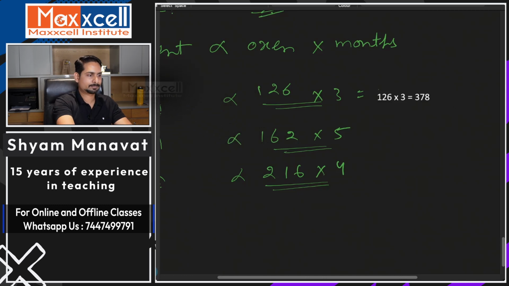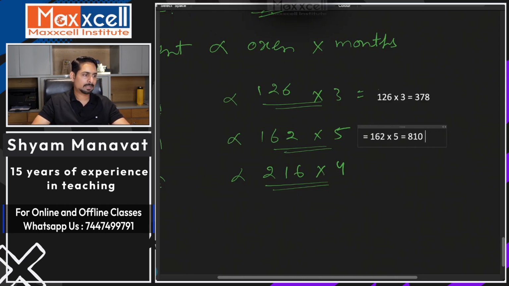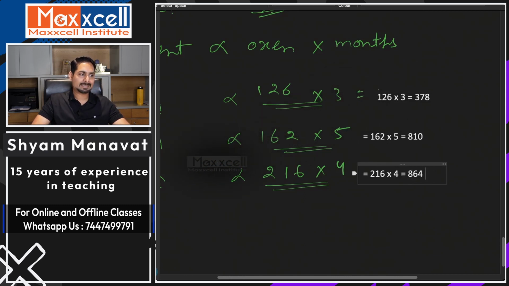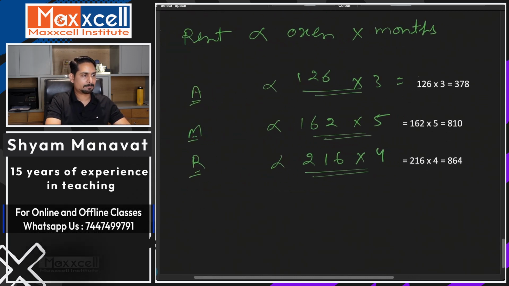Then 162 into 5 will get you 810. Here 216 into 4 will get you 864. Okay, so that's what we have. So the rent will be shared in the same ratio, right?